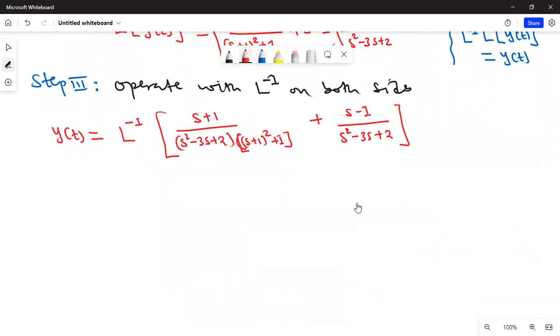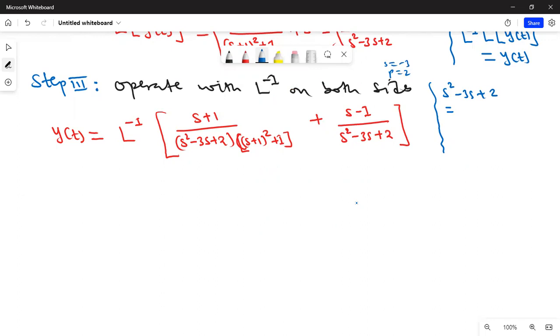So what you're going to do here, look at this function, s squared minus 3s plus 2. Are we able to factorize this? Yes. The sum is negative 3 and the product is 2.